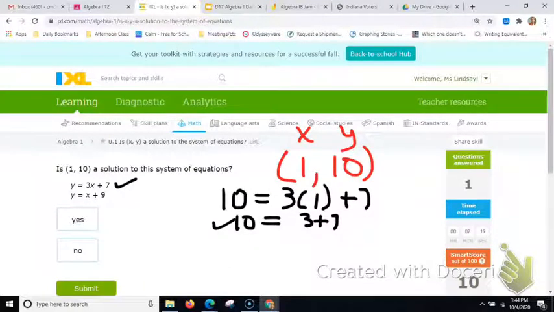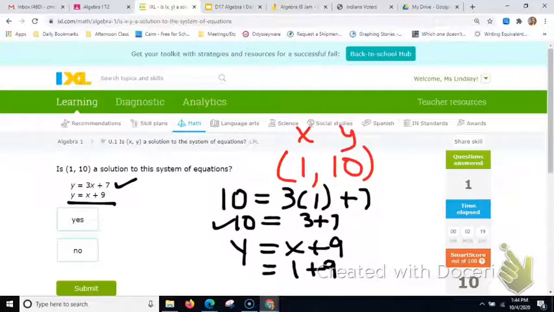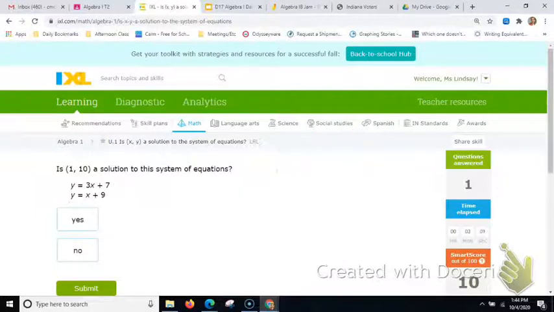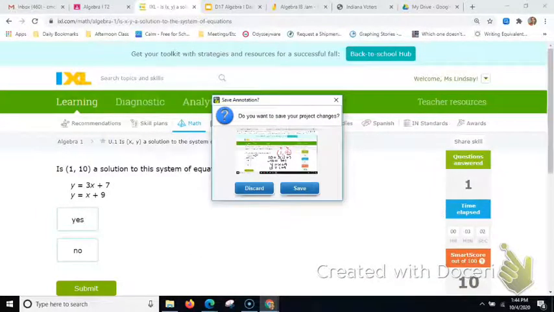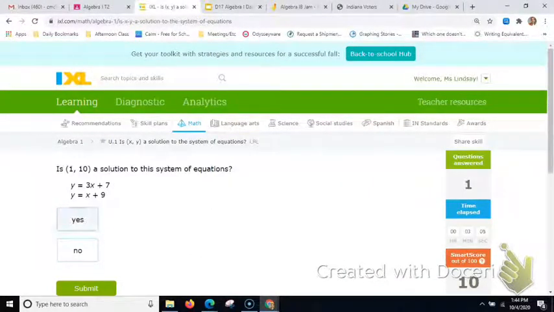The other one, y is equal to x plus 9. So, 1 plus 9, that is 10. That does match the ordered pair. So, it works for both. So, I say yes. If it does not work for the first one, I don't need to try the second one. So it worked for both, so I say yes.